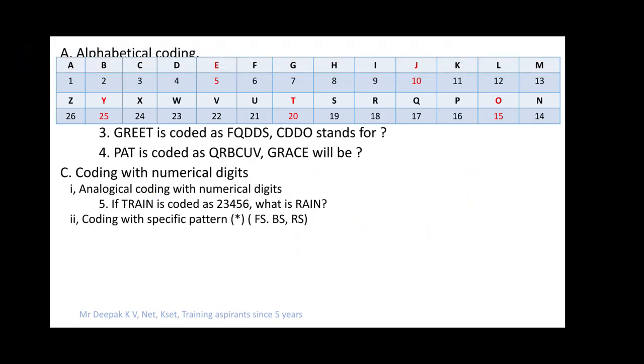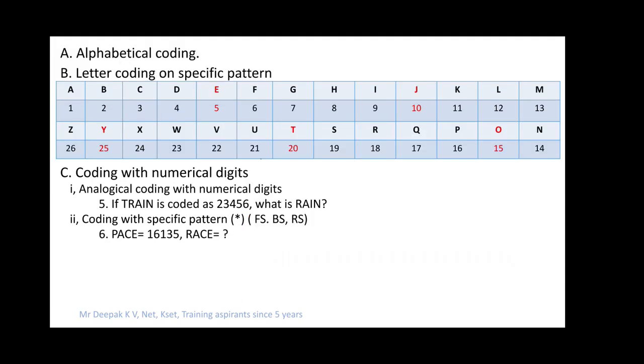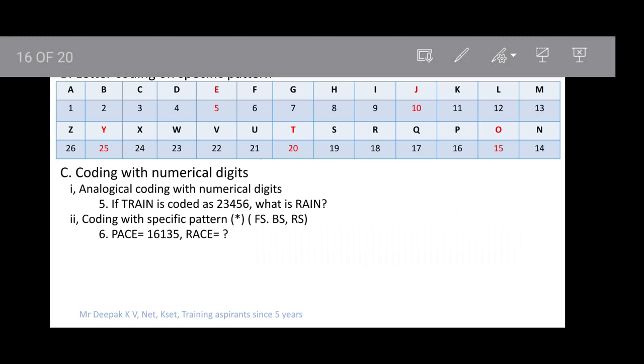Coding with a specific pattern, that is in the forward sequence which we have studied in the previous class, in the backward sequence, and even in the random sequence, chances are there. So let us go for the question. Pace is coded as 16135. What is race? Here the chart is useful. We can see that P is coded as 16, correct?